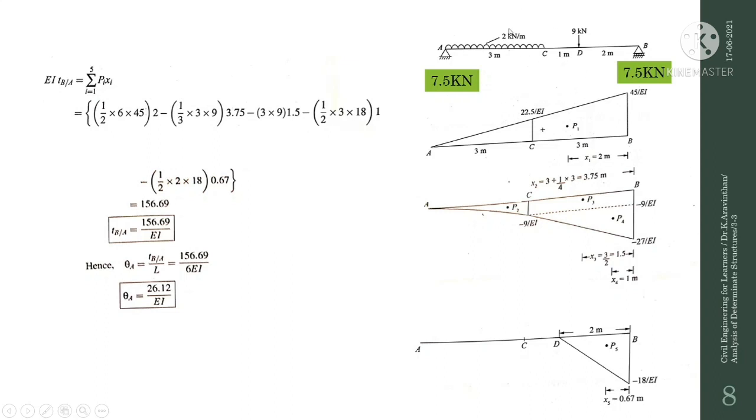Okay. So 2 into 3 into 4.5 will be the moment due to this UDL, and 9 into 2 will be the moment due to the point load. So 9 into 2 will be 18, and for this UDL, you will be getting 27 by EI as the answer. It will be a parabola here due to this UDL, and you have got all the 3 bending moments.